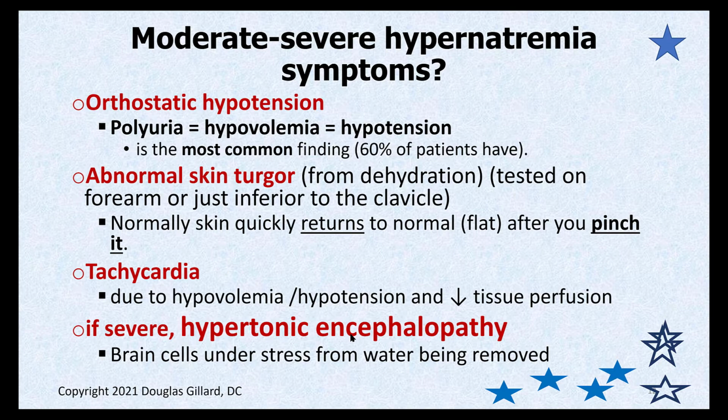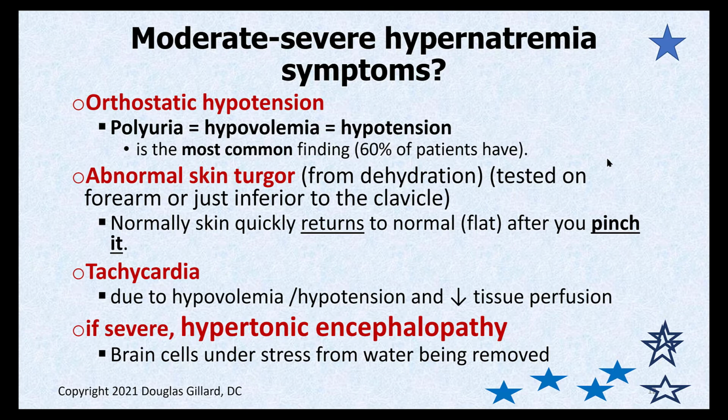Right? Moderate to severe. So what are the symptoms of moderate to severe hypernatremia in this situation? Or maybe they just have completely lost ADH and they are drinking water. They still could occasionally get moderate to severe hypernatremic symptoms. They develop classically something called orthostatic hypotension.